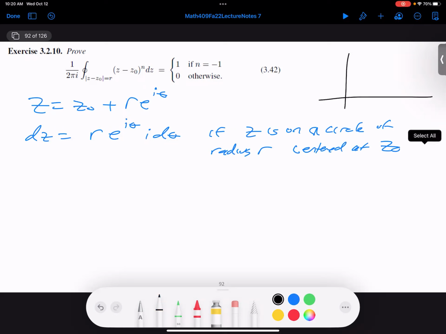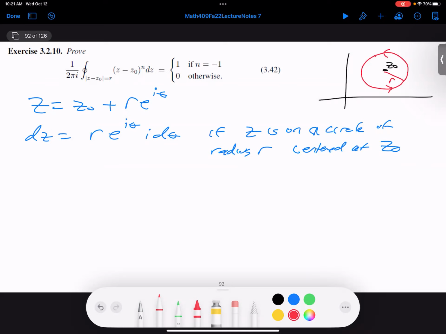So what's going on is, I have my point z_0 over here, and then I have a circle centered at z_0 of radius r. And so how can I write a point on a circle of radius r centered at z_0? I can write it as z_0 plus r e^{iθ}. If we're centered at the origin, what would z_0 equal?